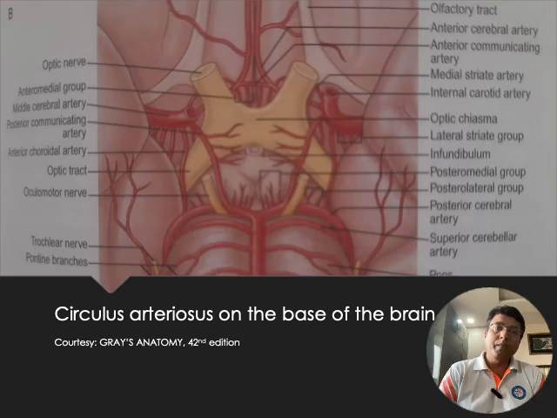So see the circulus arteriosus at the base of the brain. As you all know, the Circle of Willis or circulus arteriosus is formed. It's a polygonal or hexagonal structure actually, and you can make three components.